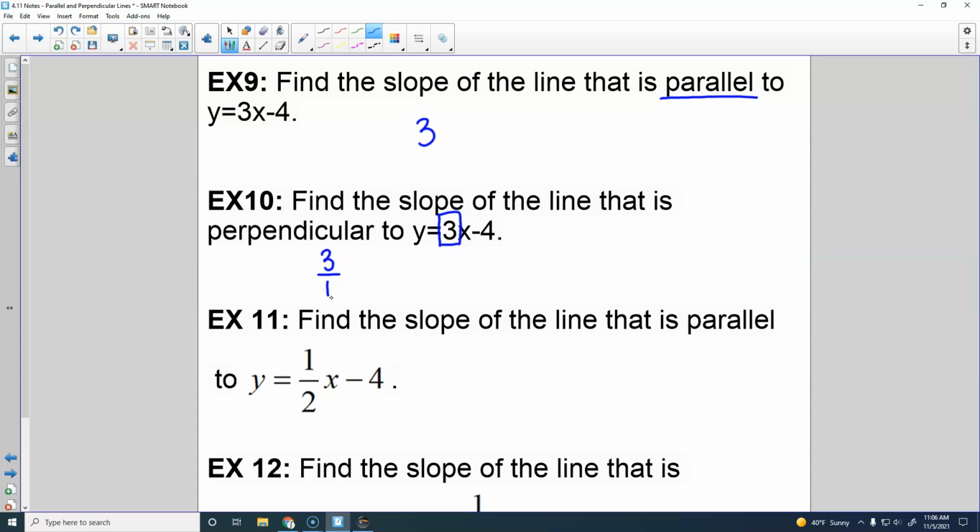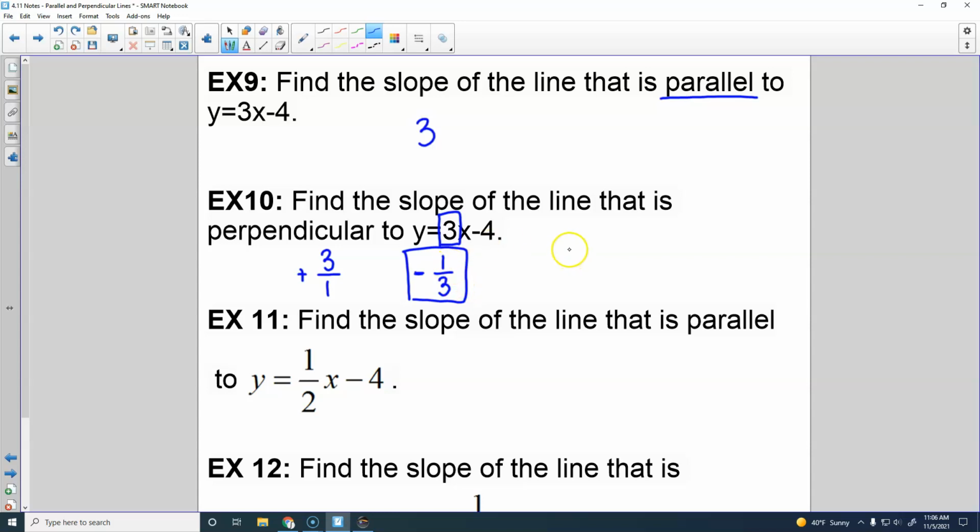And so, remind me on that last slide, what did we say that perpendicular slopes were? Okay, so opposite means that we got to change the sign, right? So this was positive, so our opposite's going to be negative. And then the reciprocal, what's that tell us to do? Got to flip that fraction, so we got 1/3. So our perpendicular slope is going to be negative 1/3.